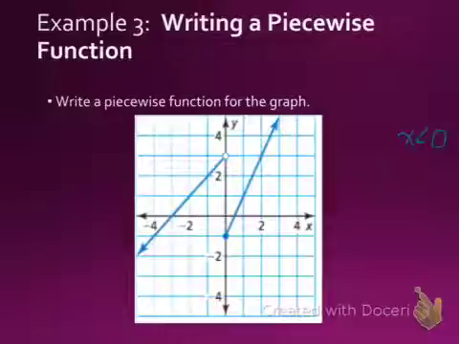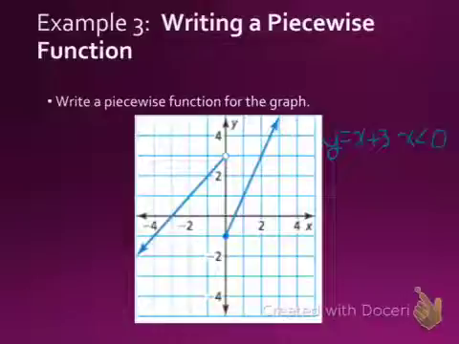We have y equals, we know our slope is a positive one, so we can just do x, and then our y-intercept would have been at 3, so we'll do x plus 3. So for x less than 0, we're going to use y equals x plus 3.